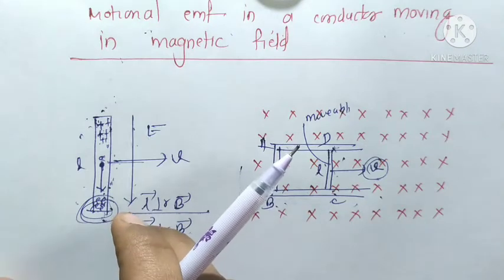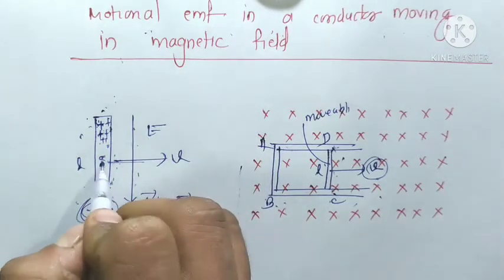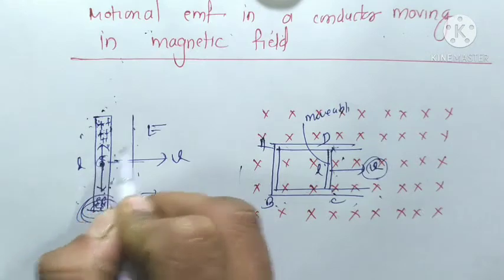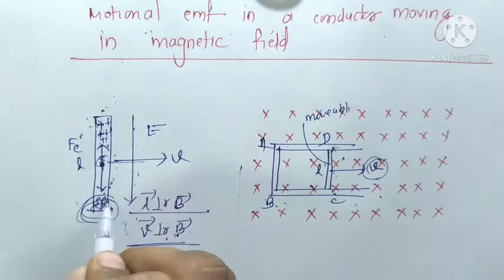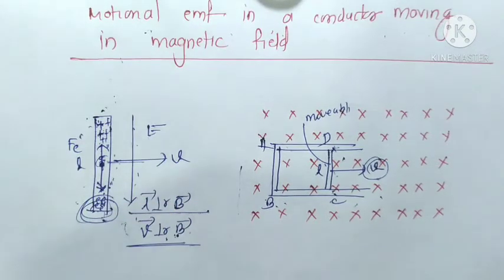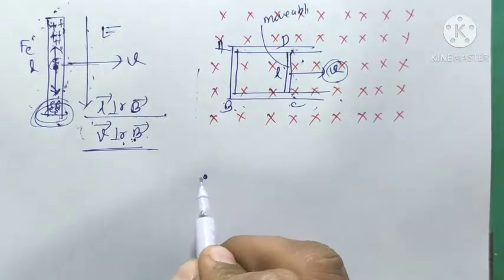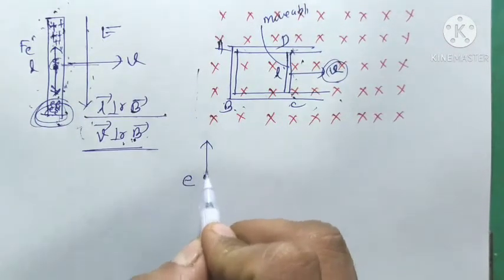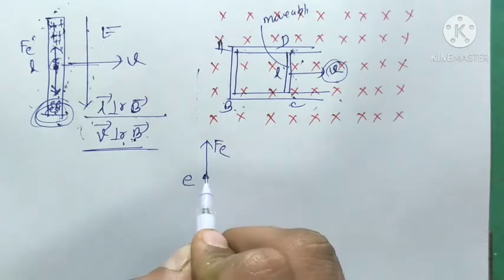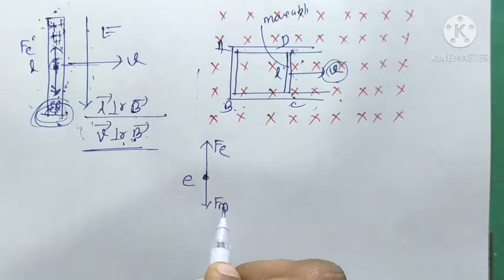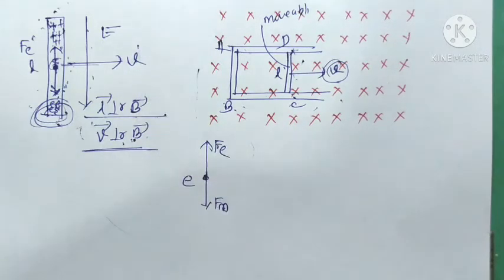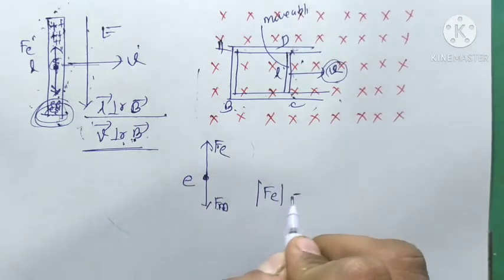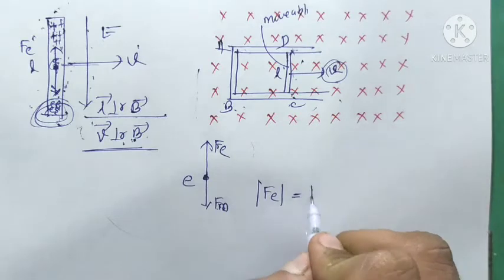This process continues until the force on the electron due to the electric field balances the force due to the magnetic field. The electrostatic force Fe works upward and the magnetic force works downward. At steady state, the magnitudes of both forces are equal.